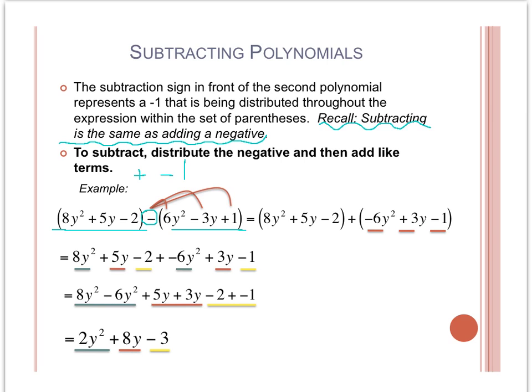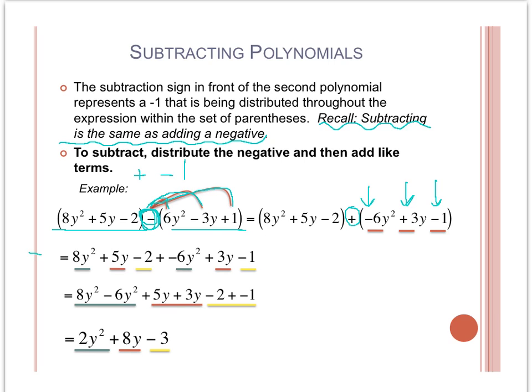So imagine this is really adding a negative 1 right here, and so we need to distribute that negative 1 to each term in this polynomial. So you can see that has been done over here. We're adding, and the 6y squared became a negative 6y squared, the negative 3y became a positive 3y, and the positive 1 became a negative 1.